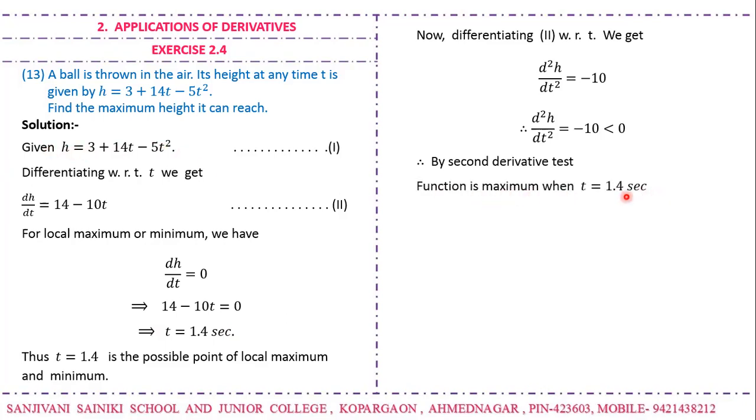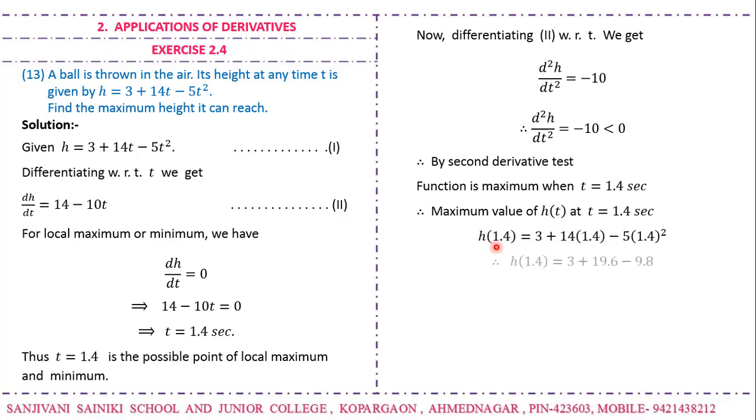So the maximum value is obtained by putting t is equal to 1.4 in the given function. Put t is equal to 1.4 and simplify it. You will reach 3 plus 9.8, that is 12.8. Now there is no unit given for the height.